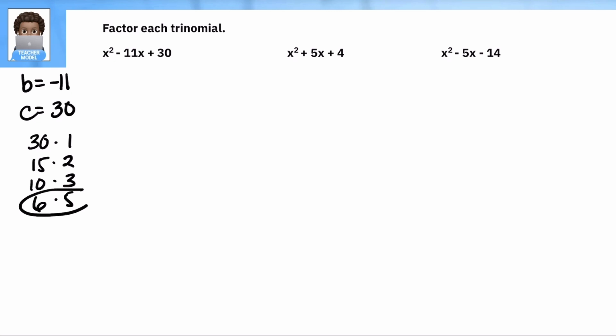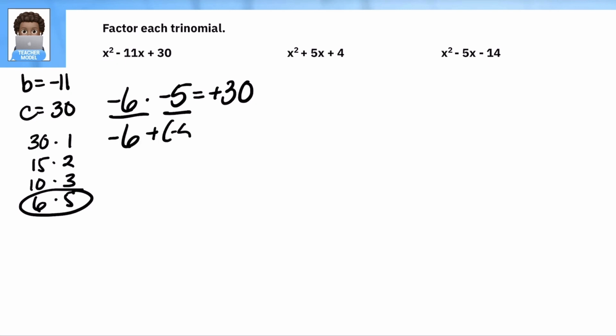So I'm going to use these two terms here, and negative 6 times negative 5 do make positive 30. So those are my two terms. And when I add them, negative 6 plus negative 5, I get negative 11. So now my new factored term is x minus 6 times x minus 5.